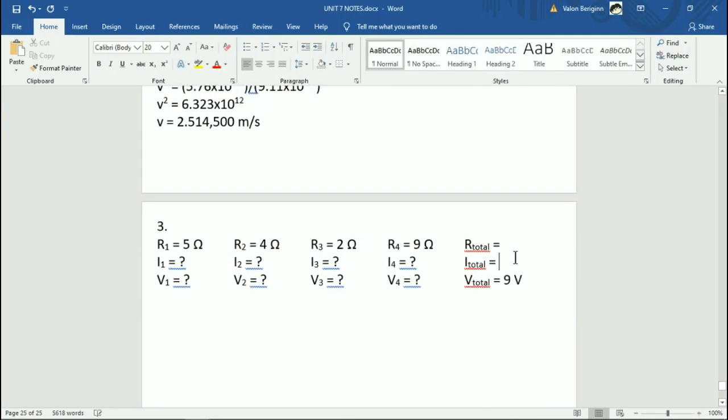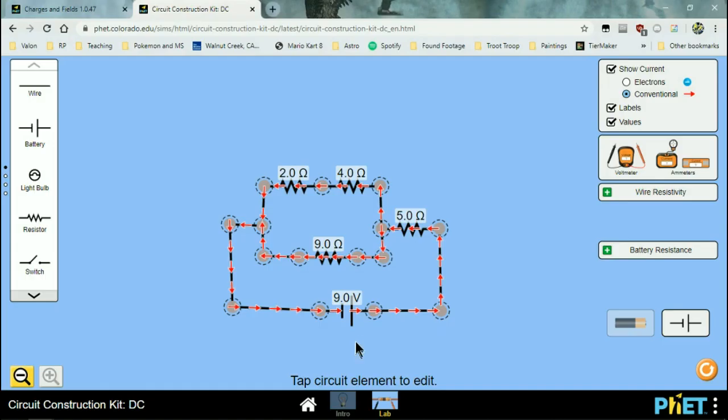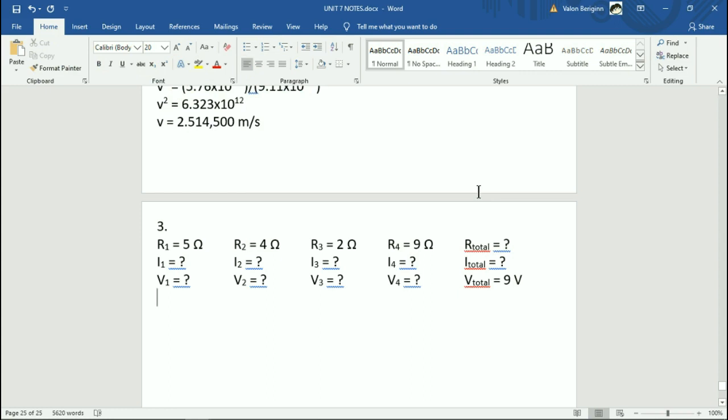The first step is figuring out the total resistance. In terms of how the circuit is set up, R2 and R3 are in series. Together, they are in parallel with R4.